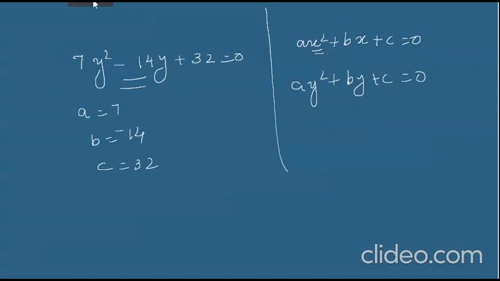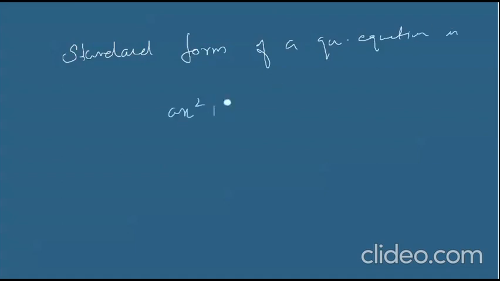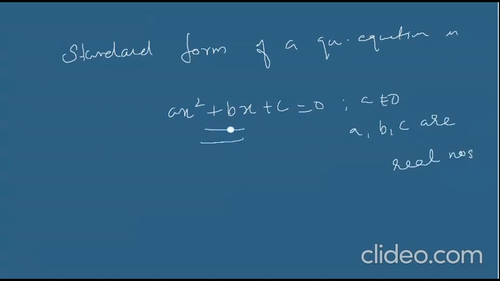Hence we can conclude that the standard form of a quadratic equation is ax square plus bx plus c is equal to 0, where a is not equal to 0 and a, b, c are real numbers. This is the definition of the standard form of a quadratic equation in x. Clear?